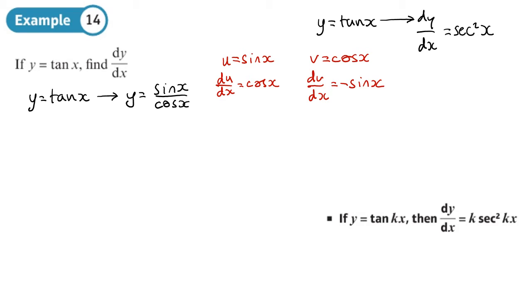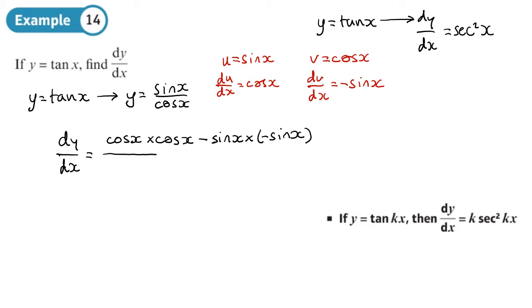So using that, we're going to use the quotient rule. So we will get dy dx, remember it starts at the bottom, it's v, so it's going to be cos x, v, times by du dx, cos x, minus, and then we start with the u, sine x, and that needs to be times by negative sine x, dv dx, all over v squared, so it's going to be cos squared x.